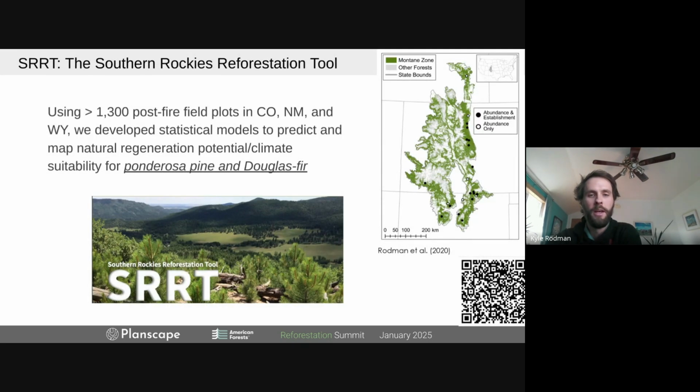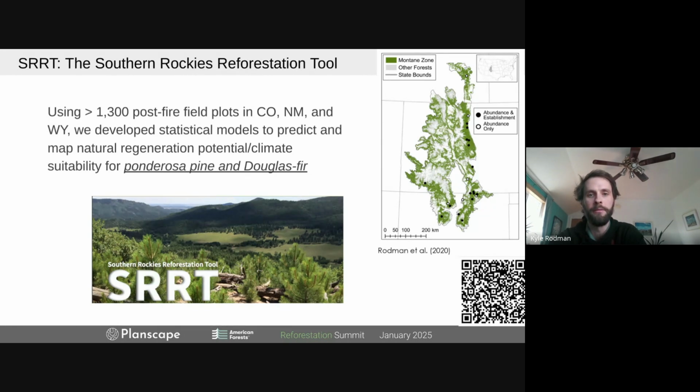Cool. Thank you. So I'm going to talk real briefly about a tool that we developed a couple of years back. I won't get into the nitty-gritty too much. I'm happy to answer questions at the end or have conversations with people in the chat. The tool is called the Southern Rockies Reforestation Tool.